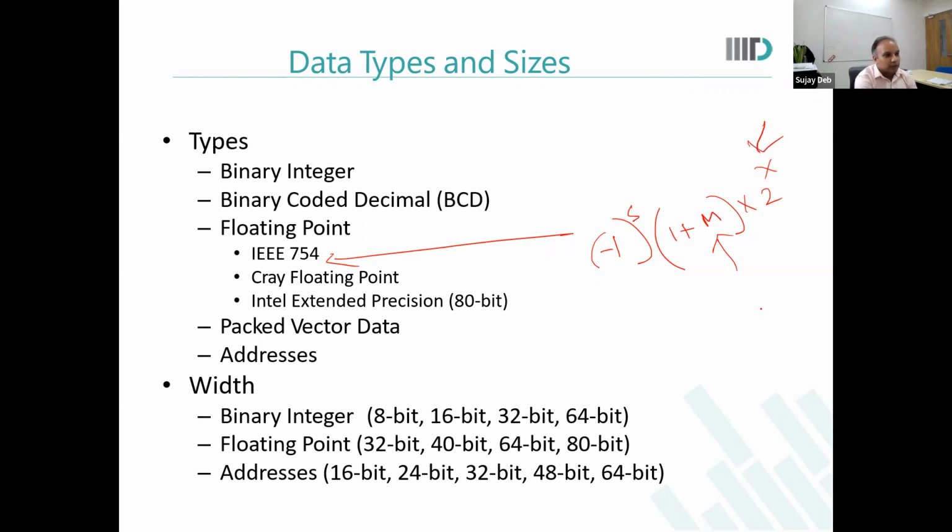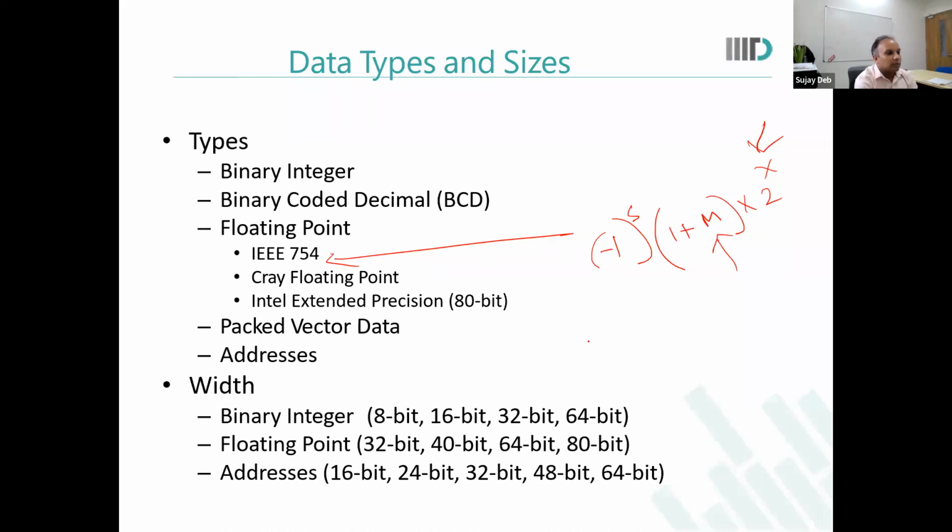For single precision or 32-bit floating point numbers, you specify 8 bits for the exponent and 23 bits for the mantissa.